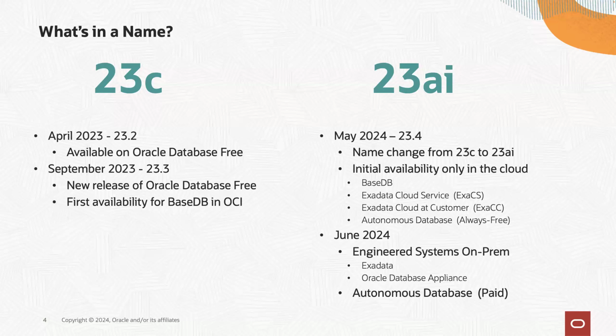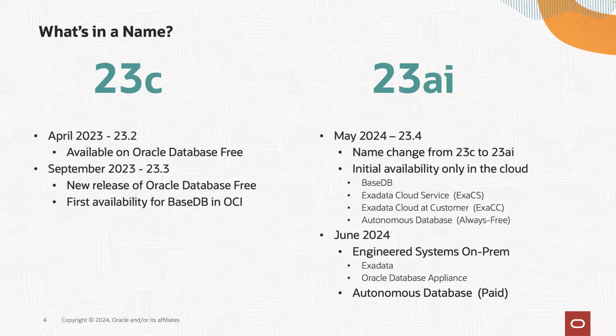So one of the questions I often get is, okay, we had heard about 23C. What's the difference between 23C and 23AI? And really, the main point I want to make is that 23C was always our initial, or our intended, name that we were going to use for this version of the database.